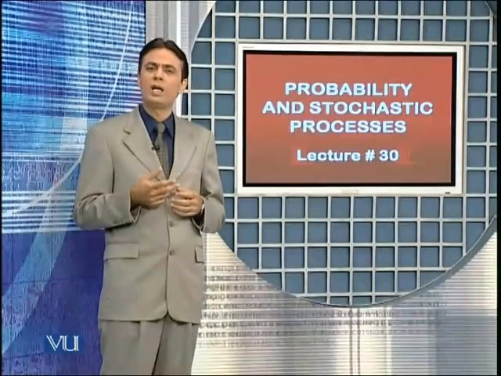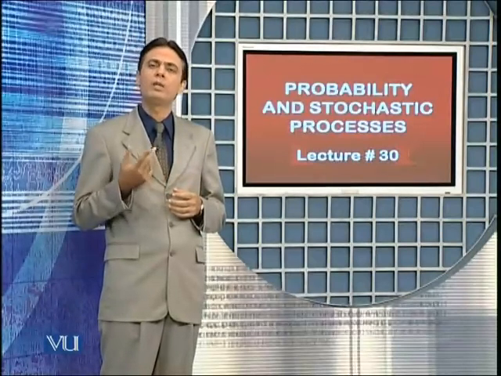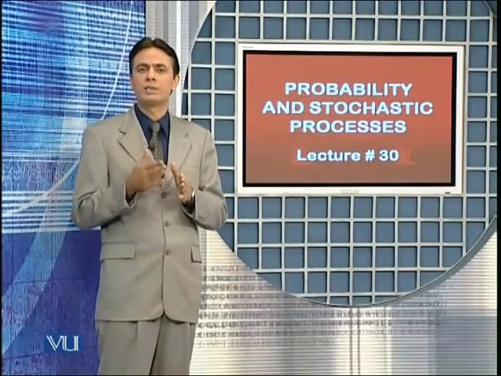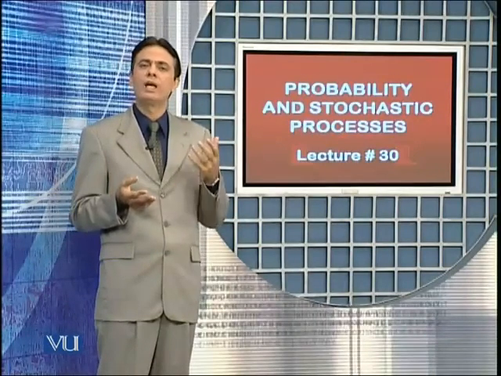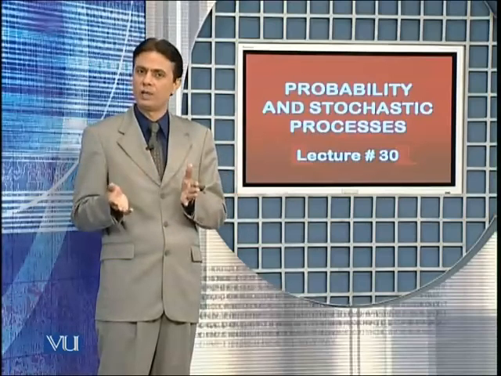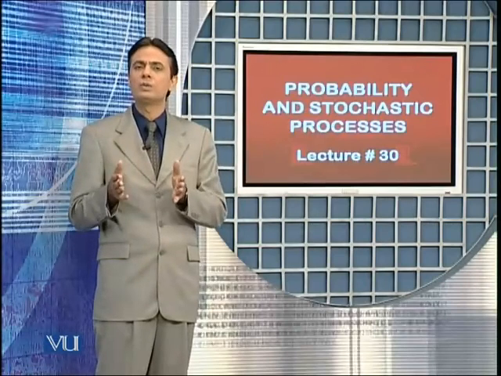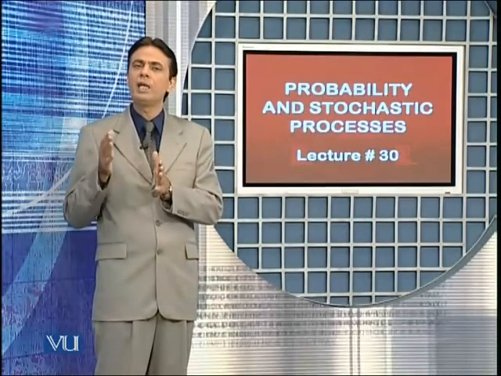Once again, we'll start with a simple case of two independent random variables. If we have two independent random variables x and y, and we define z to be x plus y, then the PDF of z is equal to the convolution of the PDF of x and the PDF of y.